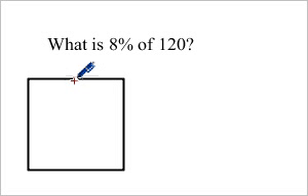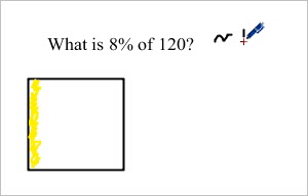So if I was going to find a tenth of this, I'd find a half, and then I'd divide that into 5. And then I'd have something like this over here. This would be about 8% of this whole. Now, if the whole is 120, what do you think this shaded area represents? I'm going to think again that we're somewhere around 10. So I'm going to estimate 10.